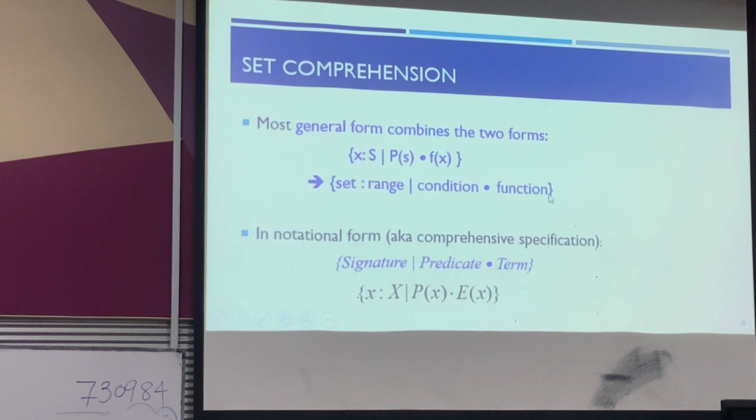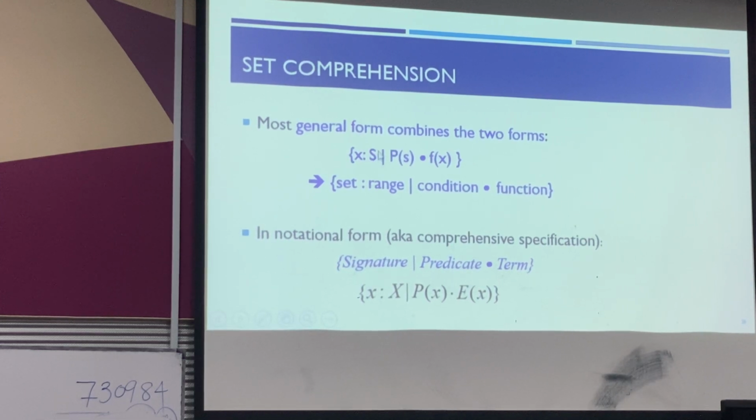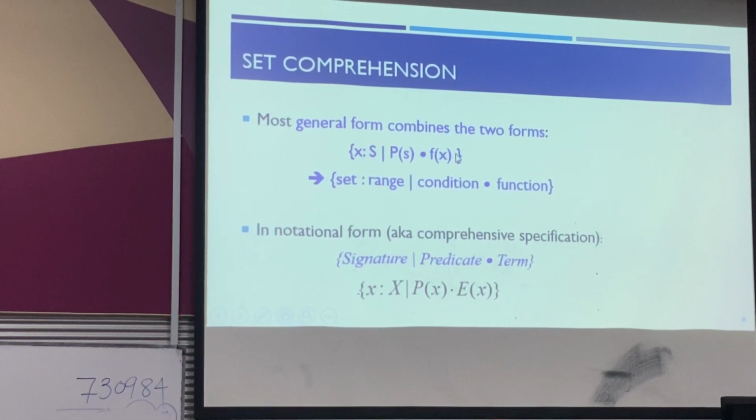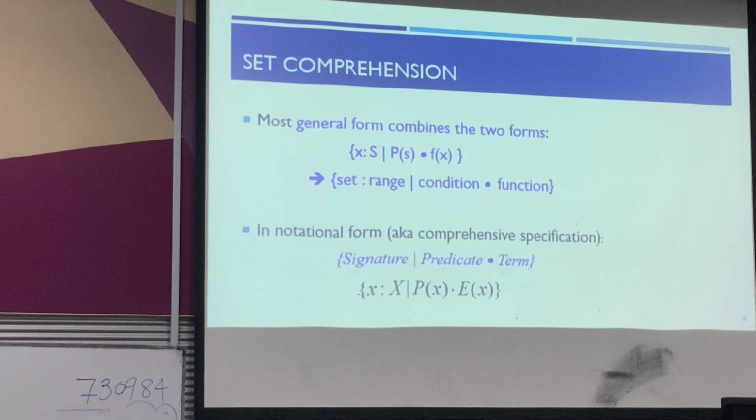There are general terms that they will give us, but for your understanding, I will use similar terms: this is the declaration part, this is the condition part, this is the operation part. Later we are going to use the same terms so you understand clearly.